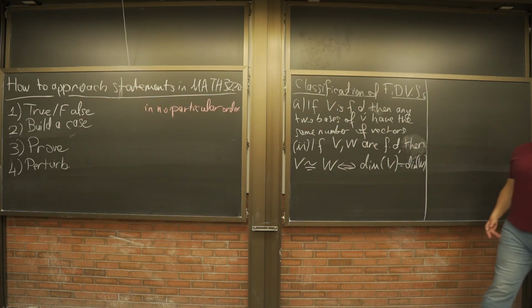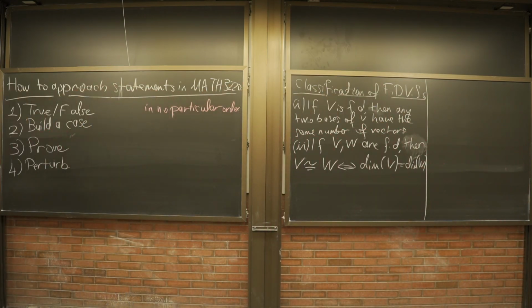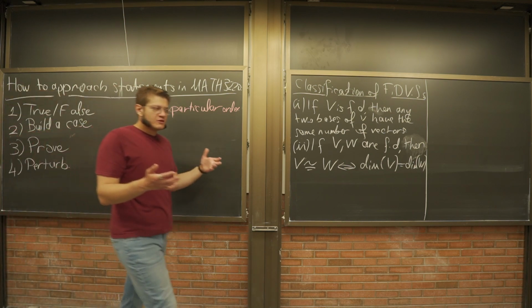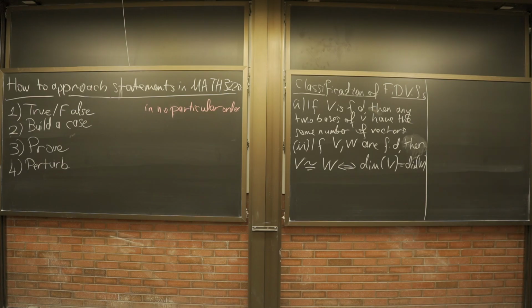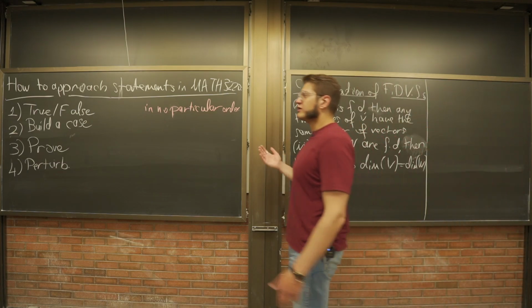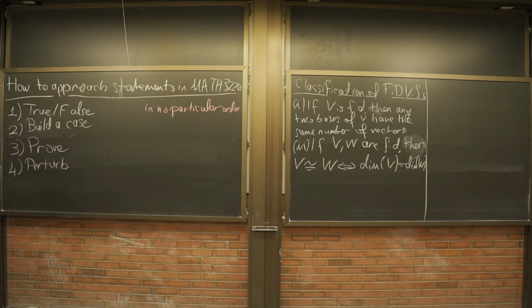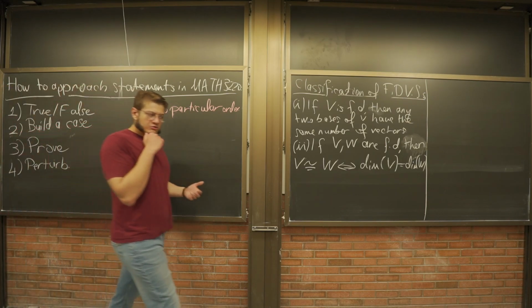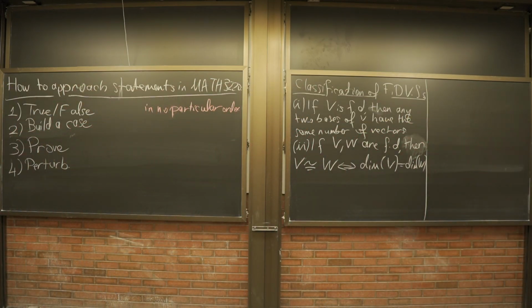I would say that it's hard to imagine that a mathematician looks at statements and needs to try to prove or disprove every single one of them before being able to say it is true or false, right? You need to have some idea. It might be false or it might be true with some probability, but I would really suggest that whenever you see a statement, maybe in the problem sets, whatever, try to guess. How do you feel about it? Do you think it is correct or not?